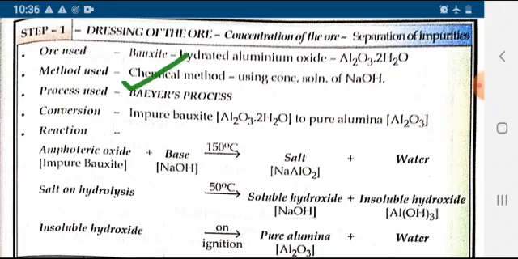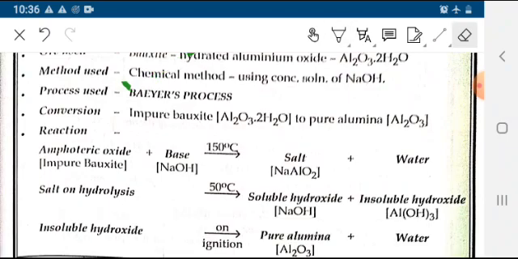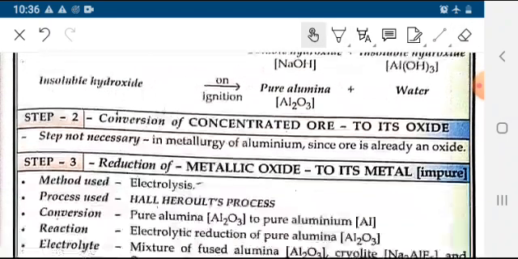The process is Bayer's process, and the conversion is of impure bauxite to Al2O3, which is in hydrated form, and we have to convert it into anhydrous and pure form. You can see that impure bauxite is treated with NaOH, and sodium aluminate and water are obtained. Further, on heating aluminium hydroxide, we get pure alumina.